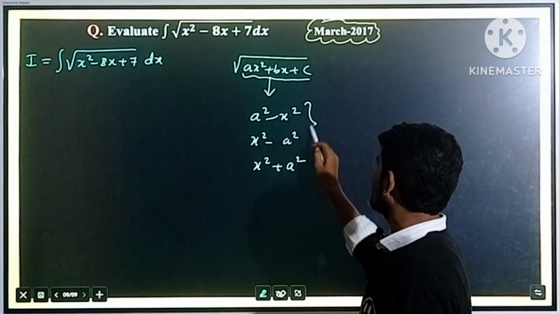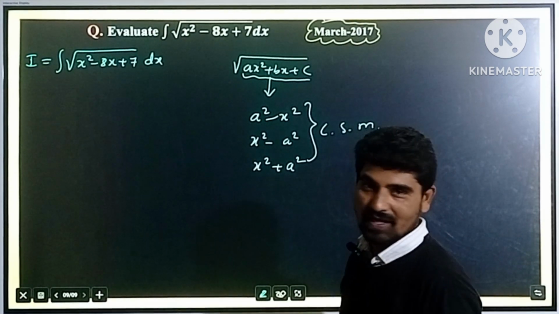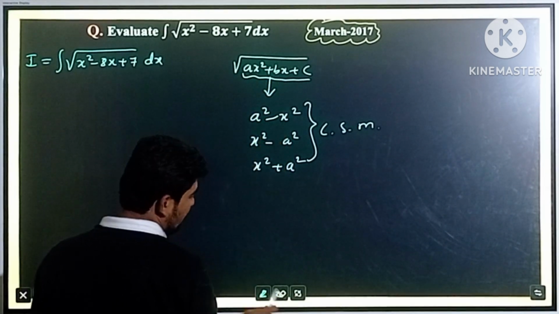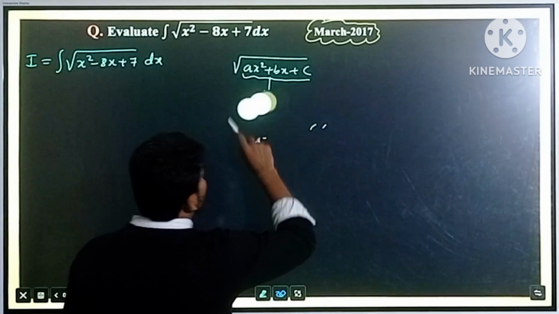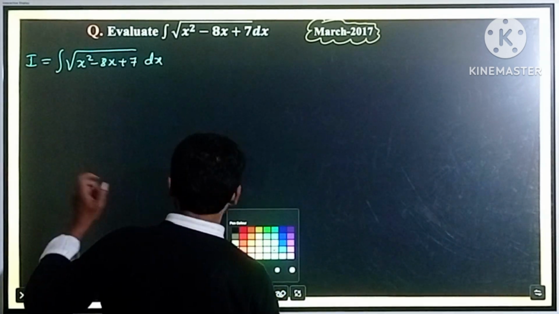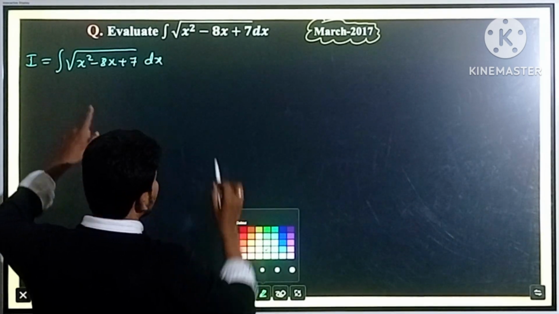To convert this, we use the completing the square method. What is the procedure to convert this quadratic expression?